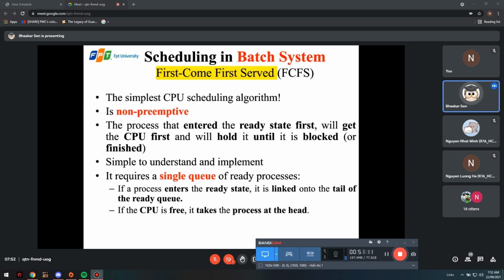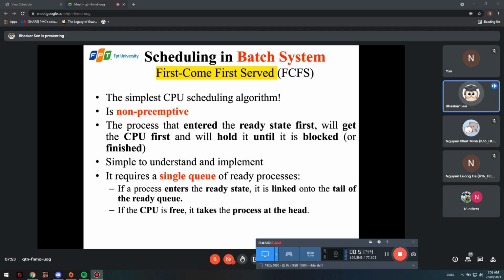In this slide, the slide that I'm using in this PowerPoint file, we will first talk about the batch systems. There are three batch algorithms, and then from the batch algorithms, we will move to interactive algorithms.